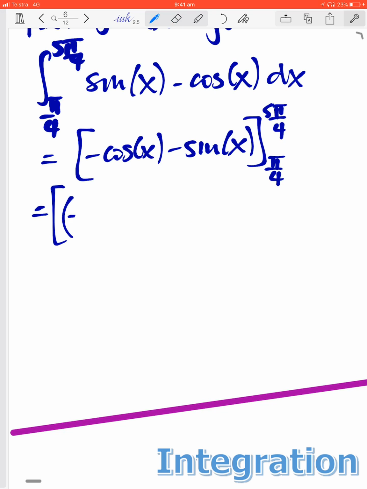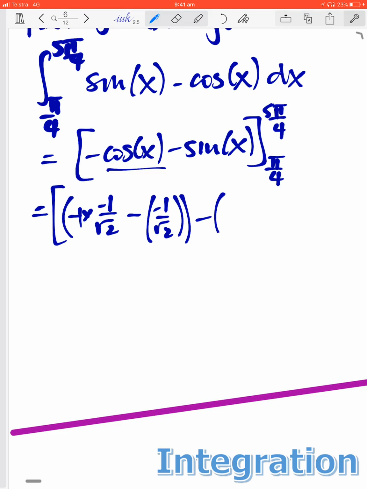So we get negative times negative 1 on root 2, because cos of 5 pi on 4 is negative because it's in the third quadrant. So negative 1 times negative 1 on root 2 minus sine of 5 pi on 4, which is also negative, so negative 1 on root 2, minus cos of pi on 4 which is 1 on root 2, minus sine of pi on 4, which is 1 on root 2.